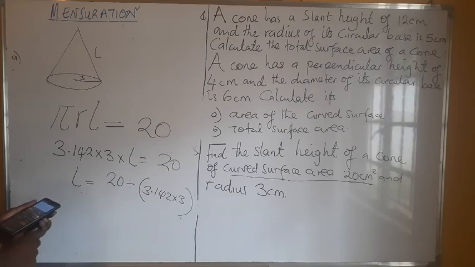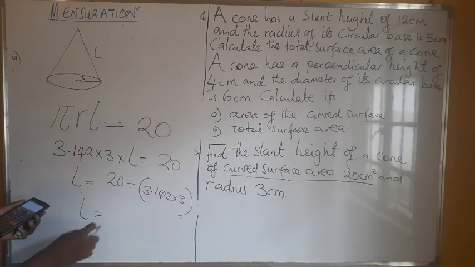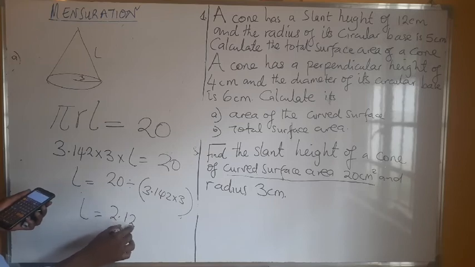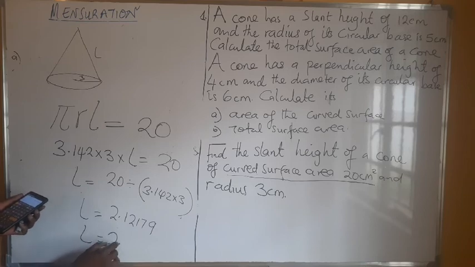What are we getting? We are getting the slant height is equal to 2.12179, and it goes on like that. So when you round off to 3 significant figures, it's going to be 2.12 centimeters.